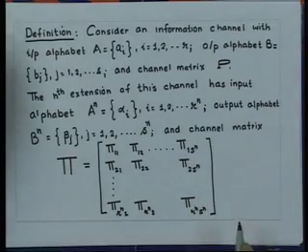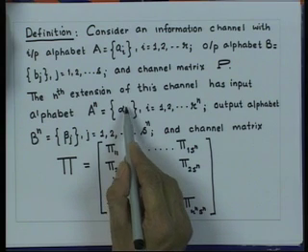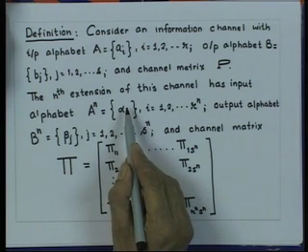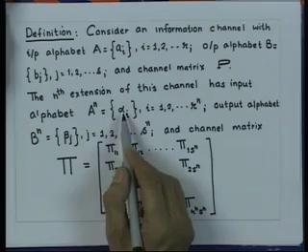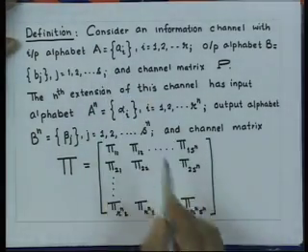Now, each of the inputs alpha_i consists of a sequence of n elementary input symbols.